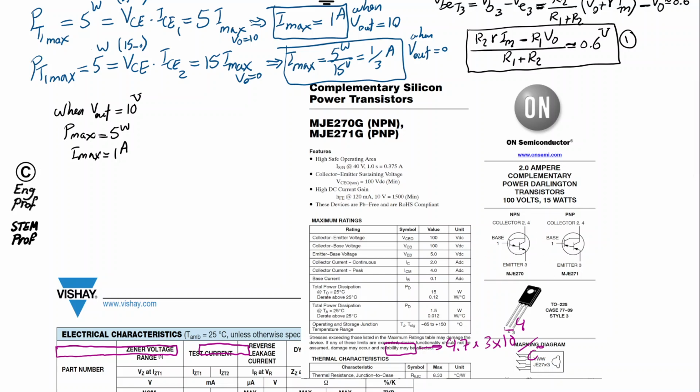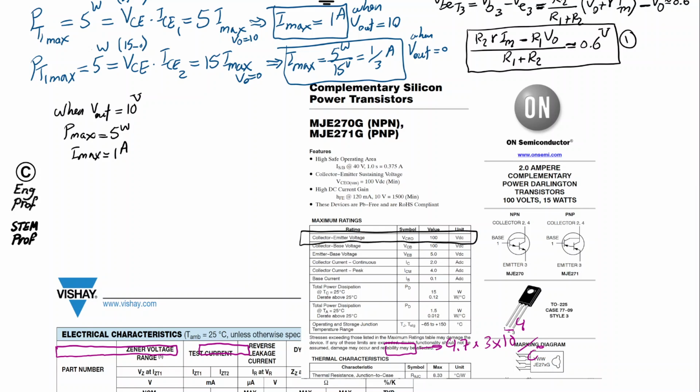Part number, say, MJE270 NPN Darlington transistor. They also have the PNP version, but for NPN you can see that this transistor is more than what we need, because it can tolerate, let's say, a 15 volt voltage drop across collector emitter, and more than that. It can actually go to much larger than that.